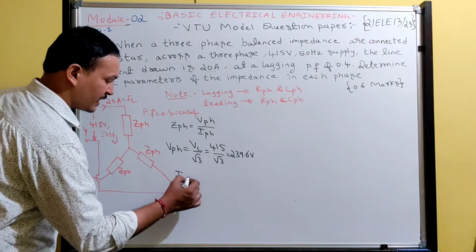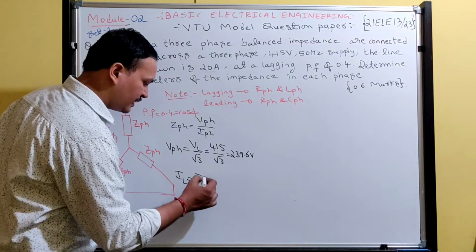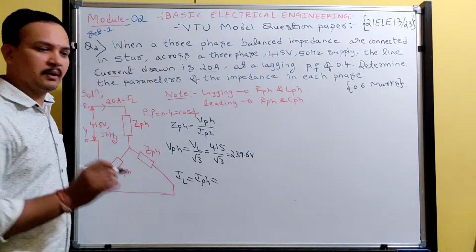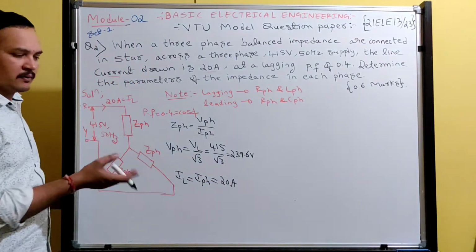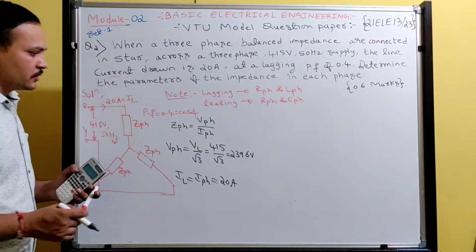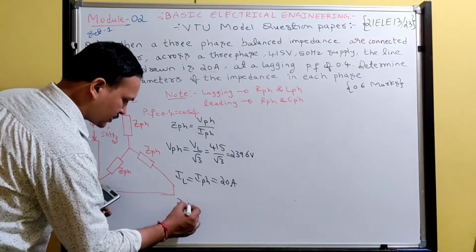Now, what is the phase current in star connection? See, in star connection, line current and phase current are both equal. So whatever value they gave, 20, that itself is the current. So now put these values in and find the impedance per phase.